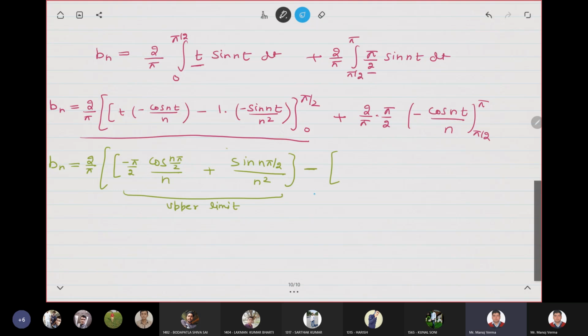Now instead of t, it will become 0, 0 times something. Something is cos 0 by n, but now this is going to be 0. Plus sine nt means sine 0 divided by n square. This will happen if I insert the lower limit in the first expression.